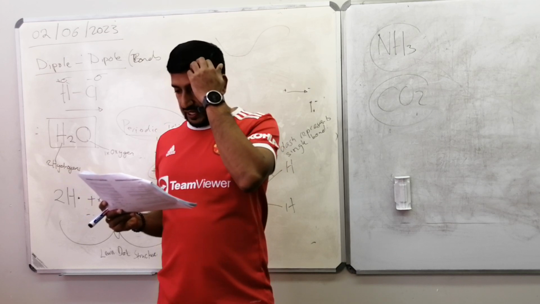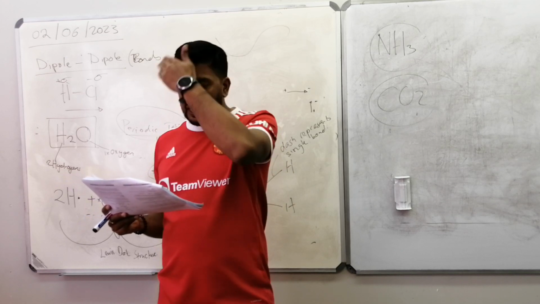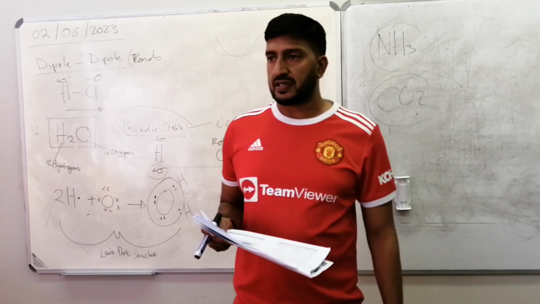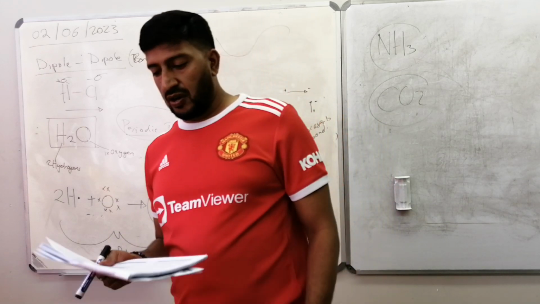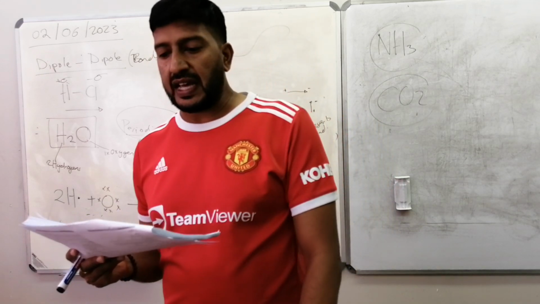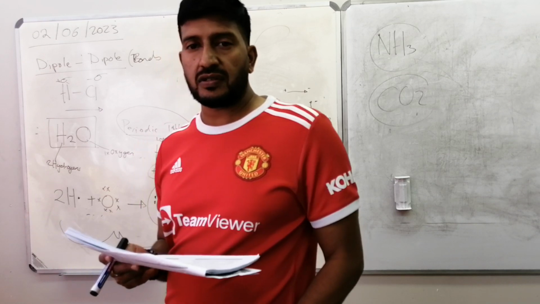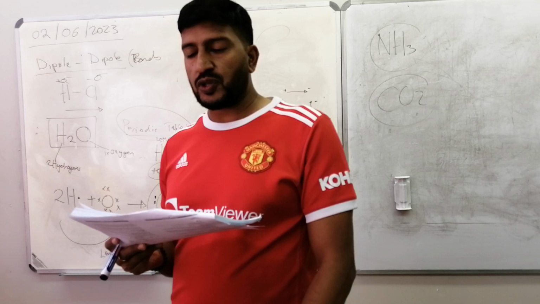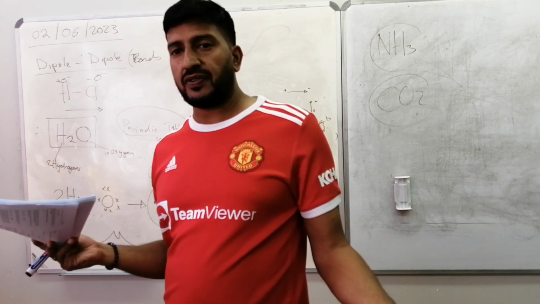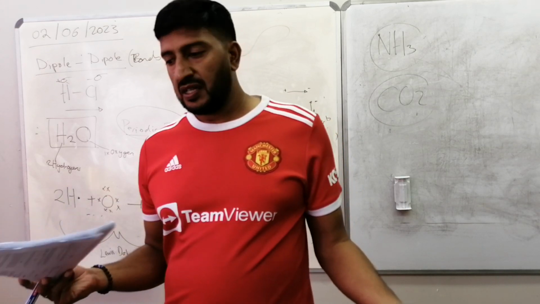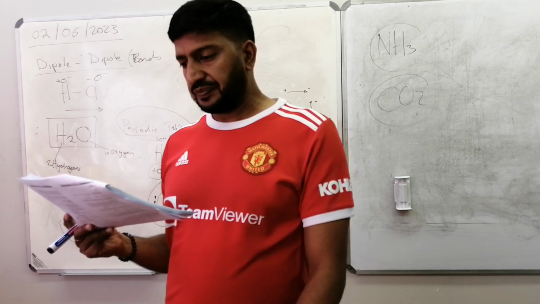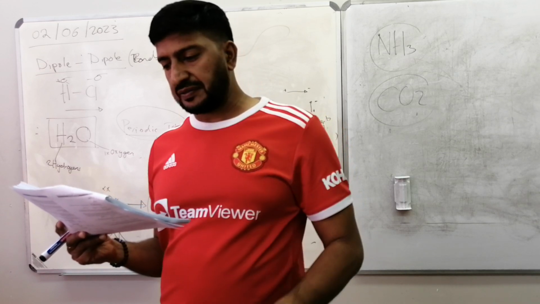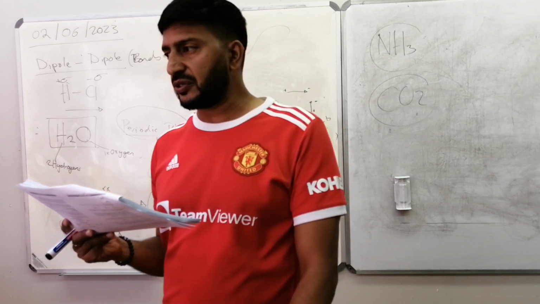Now let's look at the boron trichloride. Does it have any free electrons? No. Around the nitrogen, how many electrons? 2, 4, 6, 8. So the ammonia satisfies the octet rule. Is the boron trichloride satisfying the octet rule?